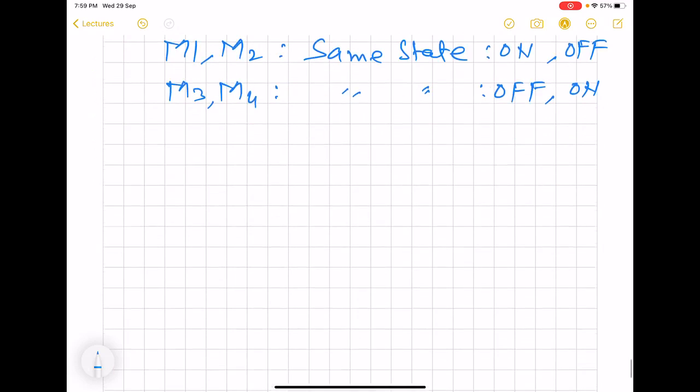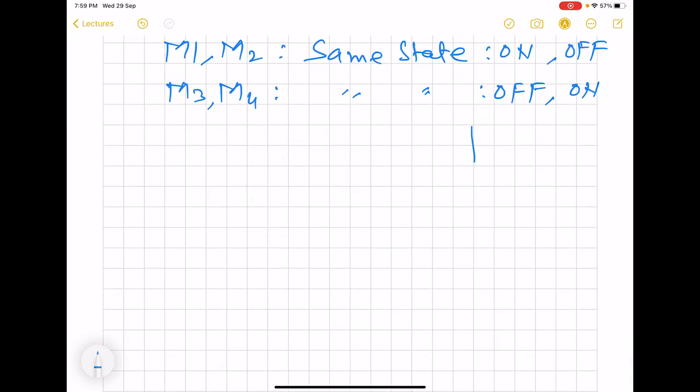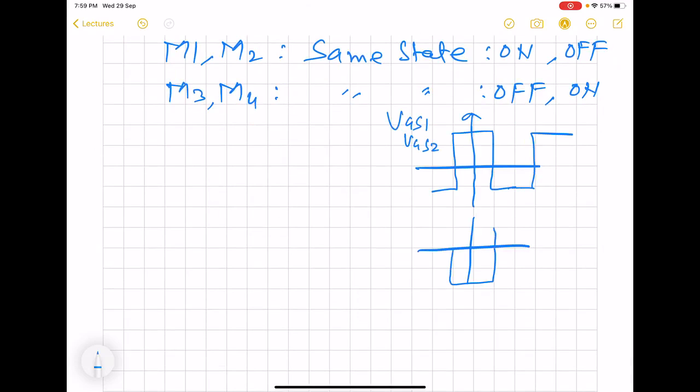So that means obviously the polarity of the two signals are going to be opposite. So if this is the polarity of VGS1 or VGS2, then the polarity of 3, 4 is going to be opposite, like this.